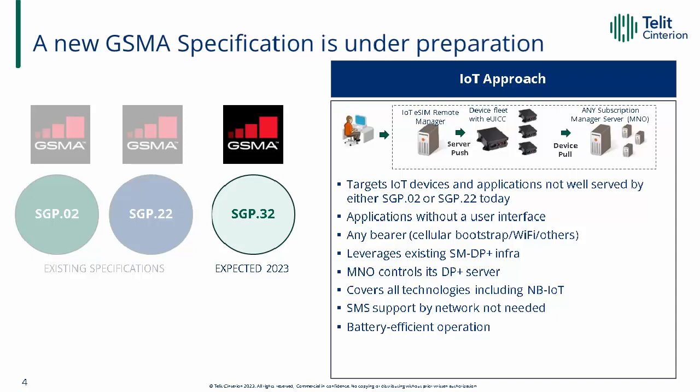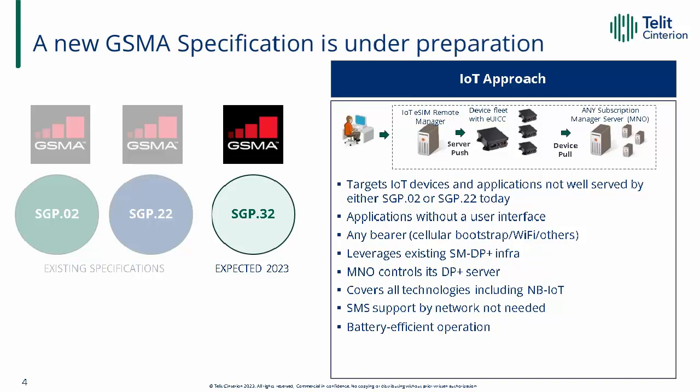So basically, that would be leveraging the existing standard from SGP.22. So by saying that, the SMDP Plus server will be included in this new approach. But what you can benefit from this new one is that it's designed to be battery optimized.